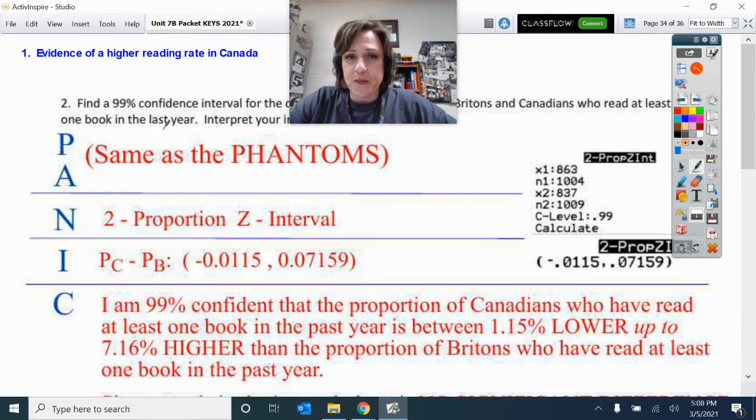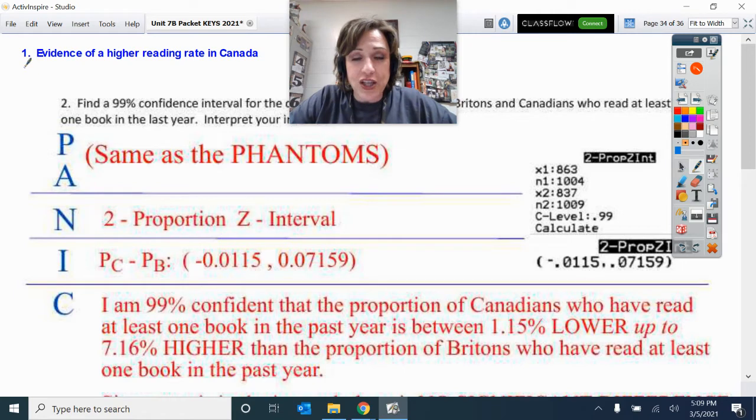So we had evidence of a higher reading rate in Canada. Then we came over here to this panic model where we estimated what that difference is. I asked you to make a 99% confidence interval for that estimate. We found that the difference gave us a negative number and a positive number, meaning the Canadian reading rate could be lower, but it could be higher.